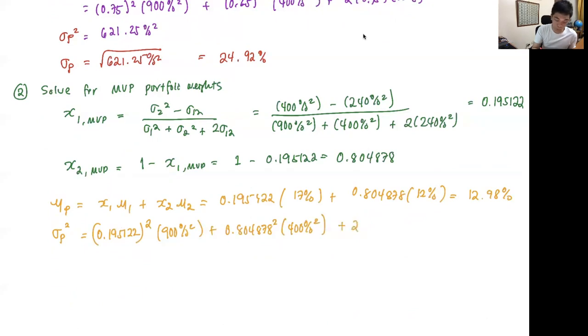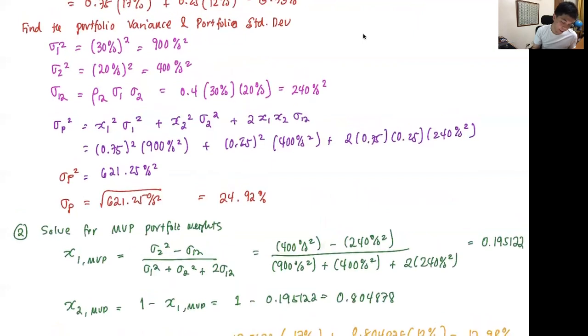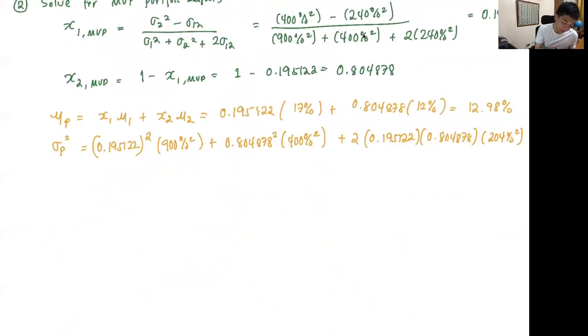Then you're going to do 2 times each of the weights, 0.195122 times 0.804878 times your covariance, which is 240% squared, correct? So if this happens, this should be equal to 368.78049% squared.